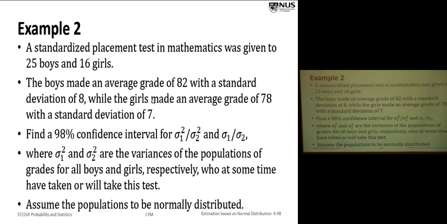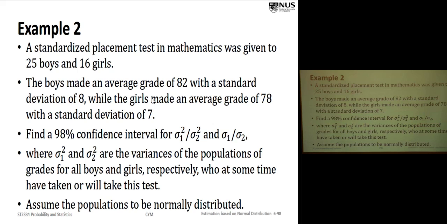So that's that. Let's have a look at a quick example of how you can use this formula. Not that you need it, but anyway. Example number 2, we looked at example 1 last week. A standardized placement test in mathematics was given to 25 boys and 16 girls. The boys obtained an average of 82, presumably out of 100, and a standard deviation of 8.